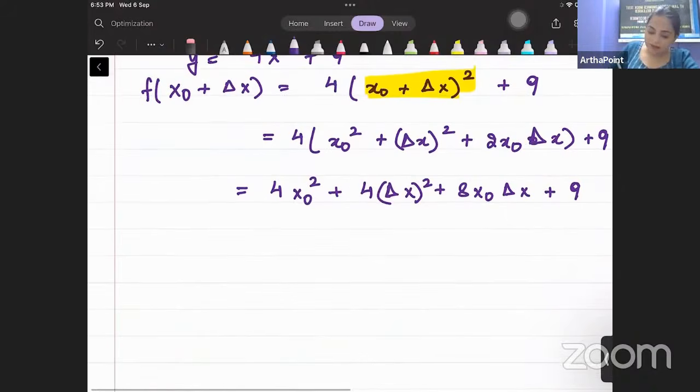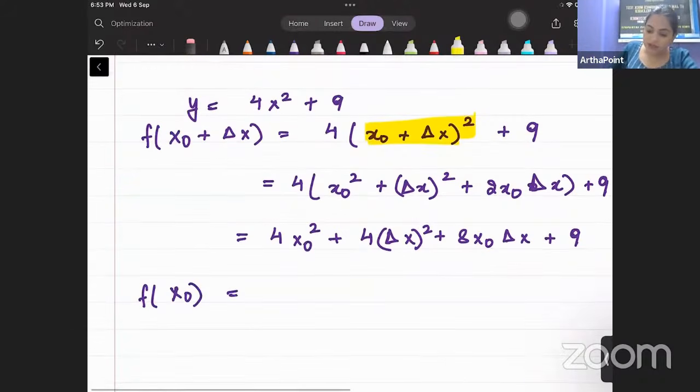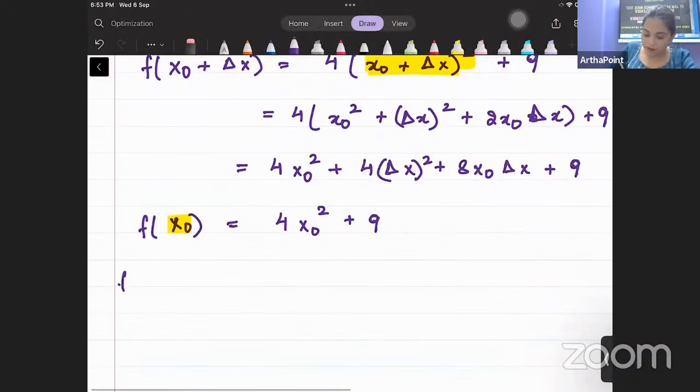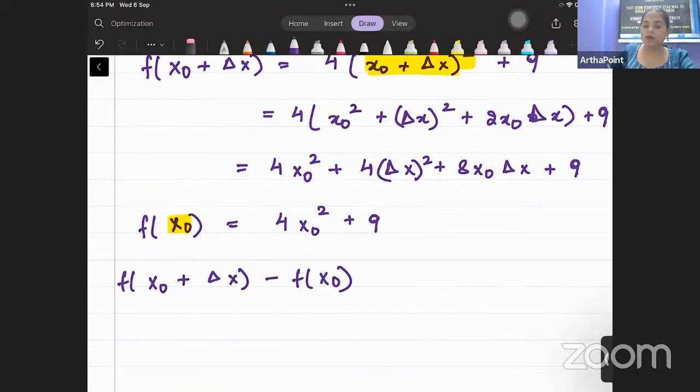Okay beta? Now in the function we will go ahead and put only x naught. So if in the function instead of x I am writing x naught, what will I get? I will get 4 x naught whole square plus 9. Okay beta? Now find out f of x naught plus change in x minus f of x naught. Find the difference of these two.